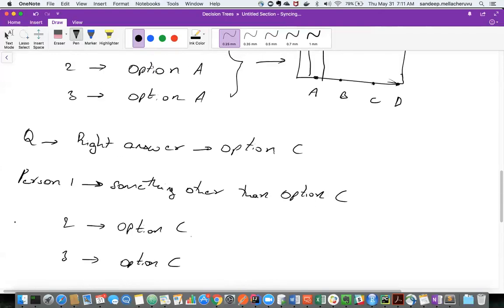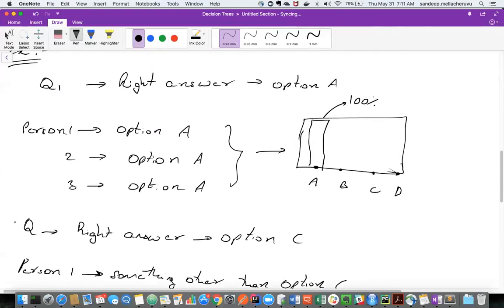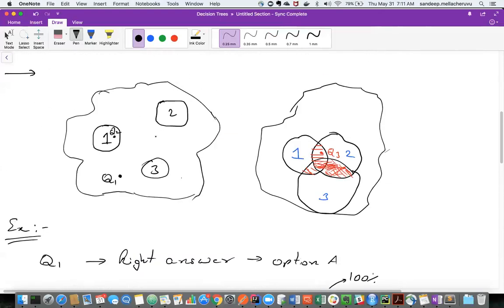Both person 1 and person 2 are going to say a wrong answer because it is in their circle of ignorance. I'm just calling it a circle of ignorance. You can call it whatever you want, but this is the circle where he cannot answer the questions properly.